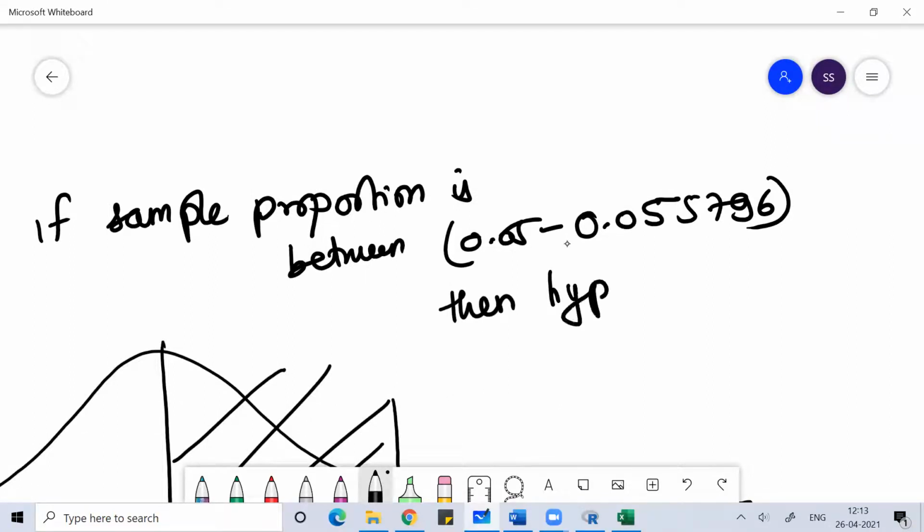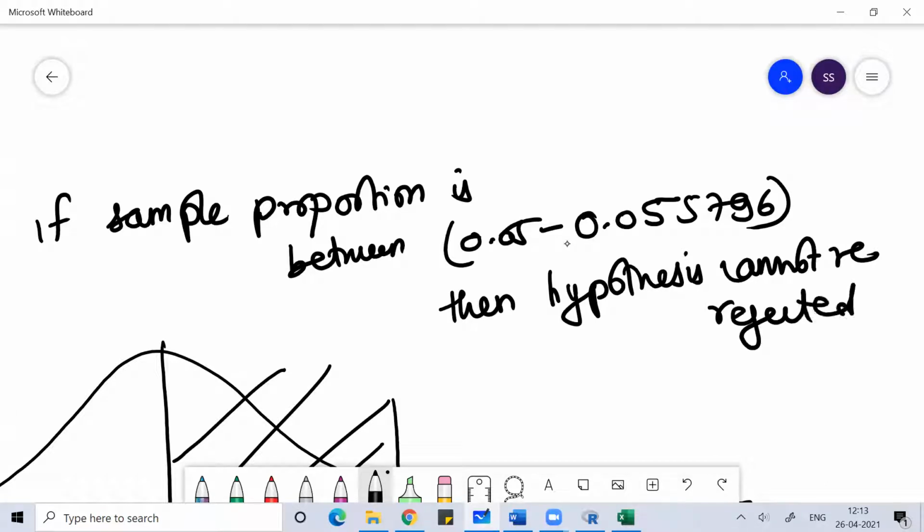Then the hypothesis cannot be rejected. And here, what is your sample proportion? Your sample proportion is how much?